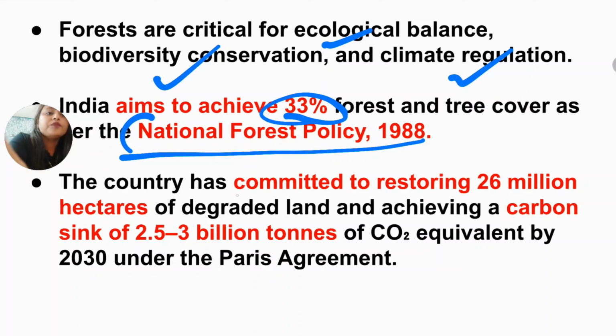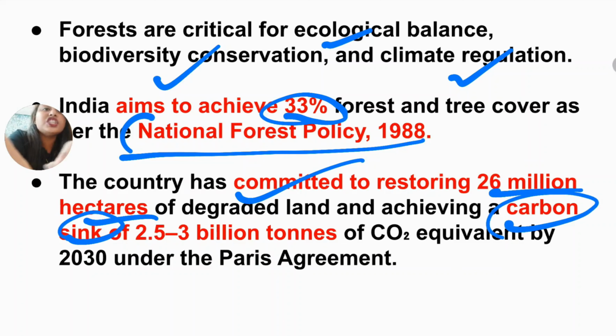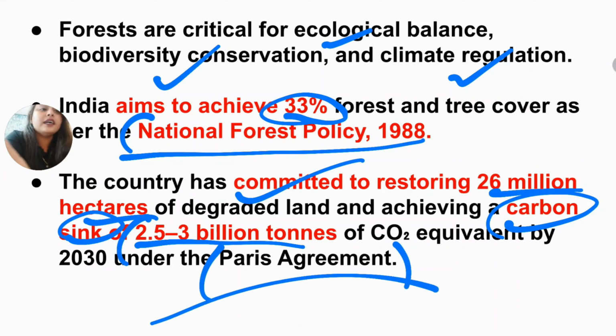And the commitment to restore is 26 million hectares. And they wanted to achieve a carbon sink of 2.5 to 3 billion tons, which is equivalent to the global agreement, the Paris Agreement. So that means we wanted to align with the global values on this particular issue as well.